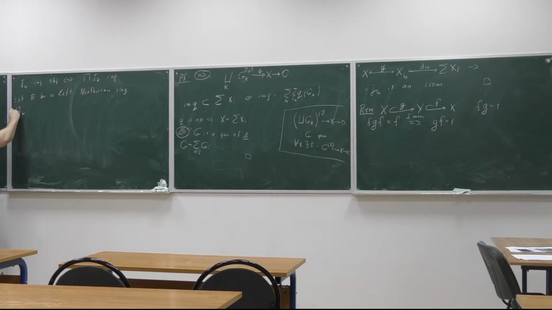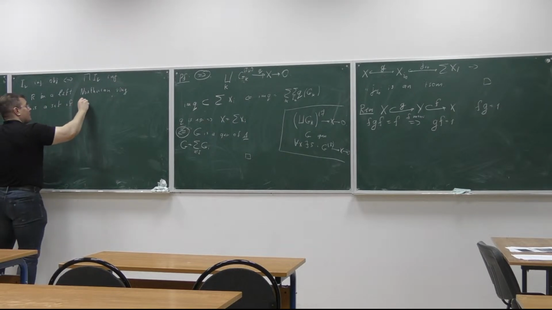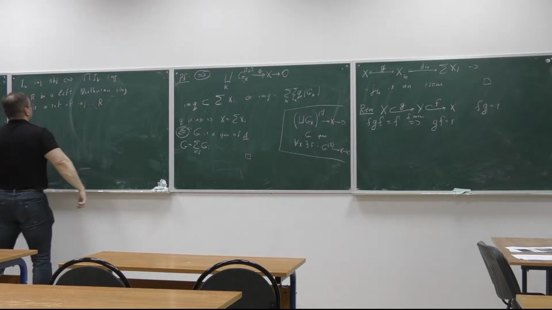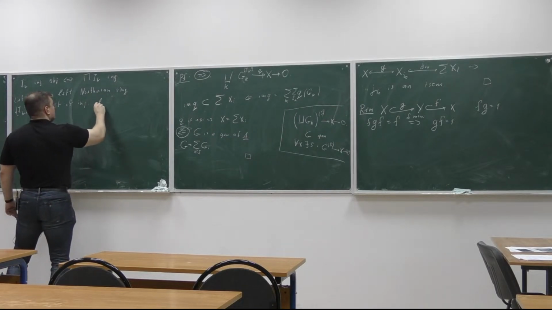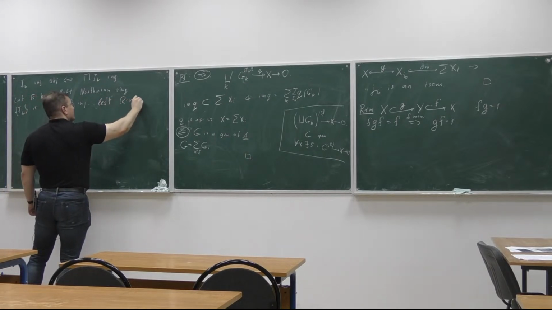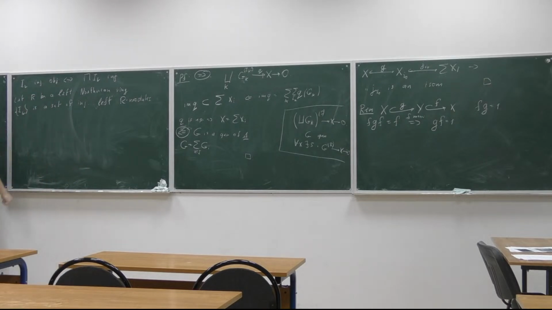So I_K is a family, a set of injective left R modules. Then in this case, you can take the coproduct. On modules, this is usually a direct sum. And this is again injective.